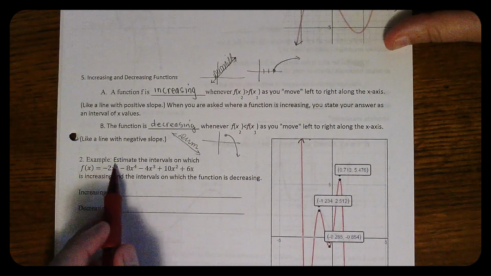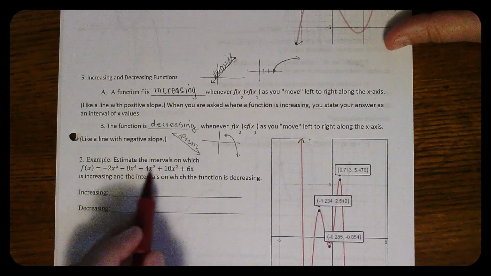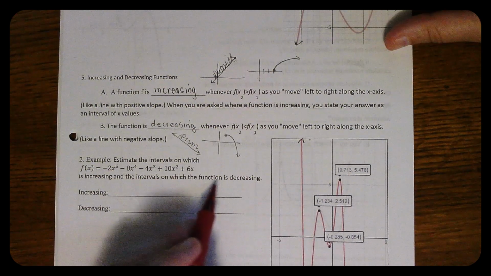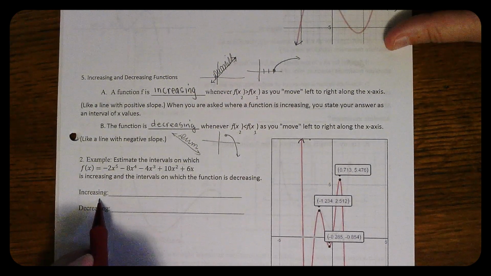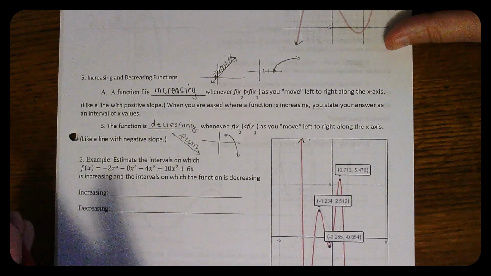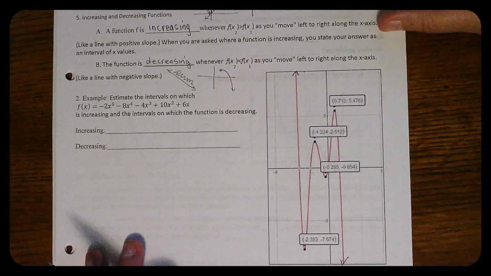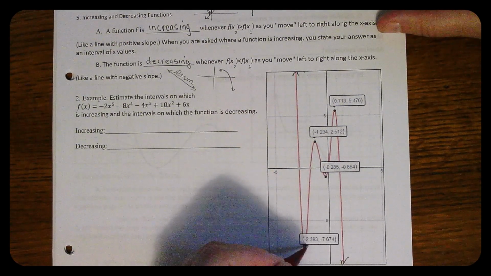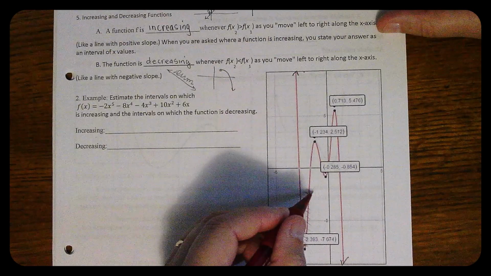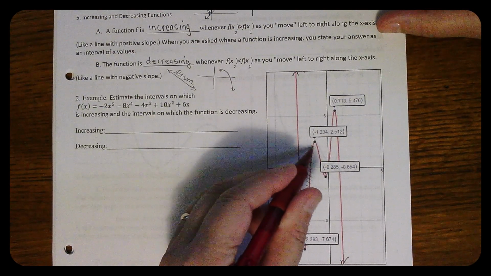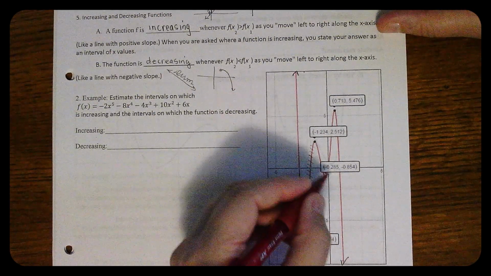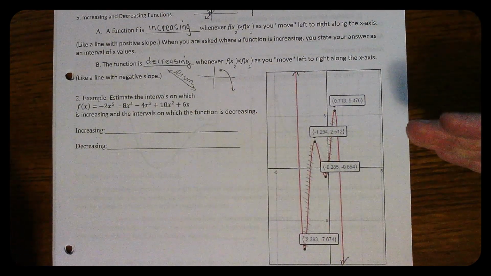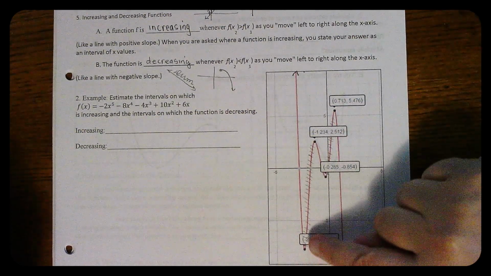So this one says, example, estimate the intervals on which this polynomial function is increasing and the intervals on which the function is decreasing. All right, so let's do increasing first. So just like we did with the inequalities, we're going to locate increasing by looking at the y's. So this is where the function is going up as you go left to right. Here. Anywhere else? Yeah, here. All right, now, so to start, you're looking at the function and it's going up.